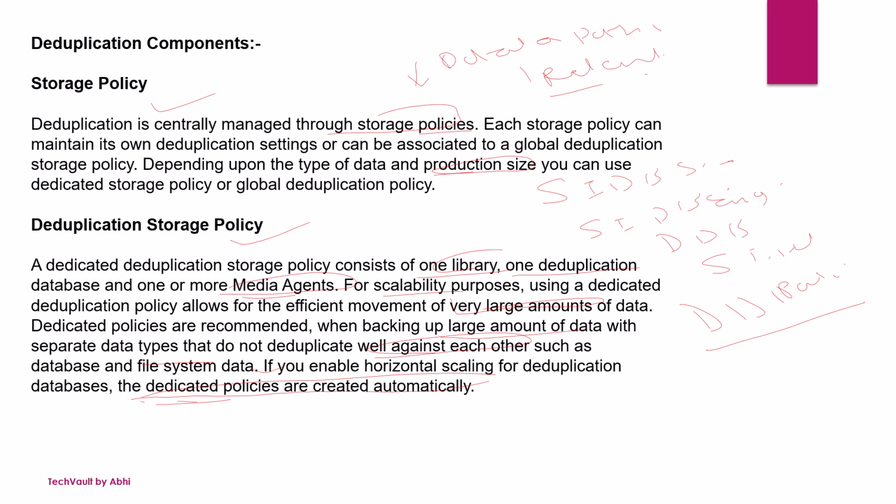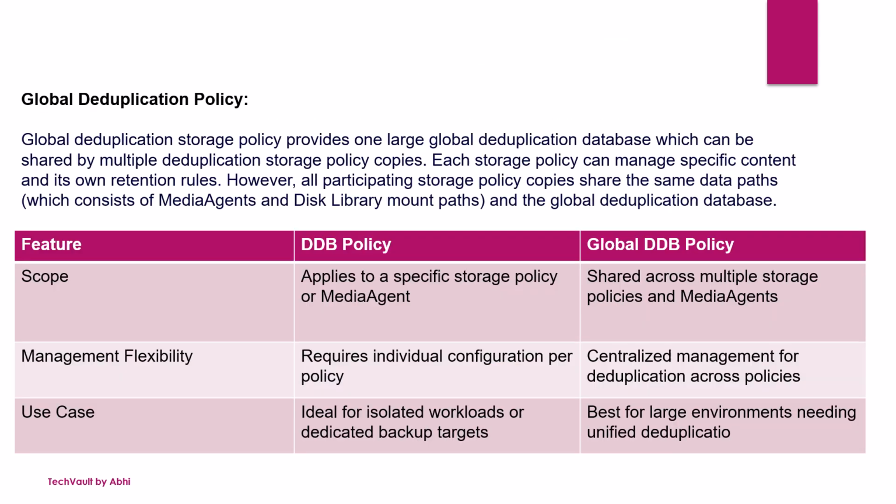You do not need to create anything or click anything at the console level. Okay, global deduplication, if you call it global, that means it will apply on the entire environment.